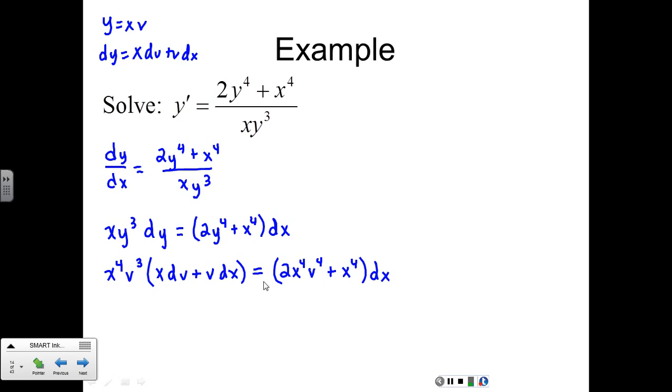Distribute on the left side, so that's going to be x to the fifth v cubed dv plus x to the fourth v to the fourth dx equal to, on the right side, you're going to distribute the dx, so 2x to the fourth v to the fourth dx plus x to the fourth dx.